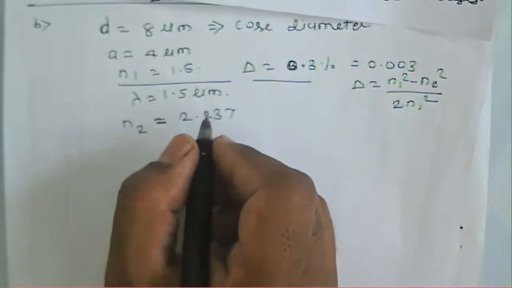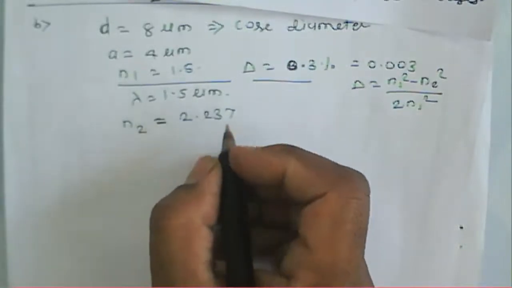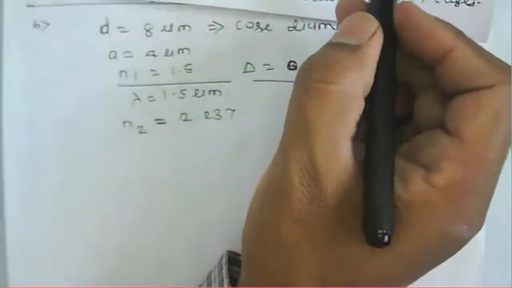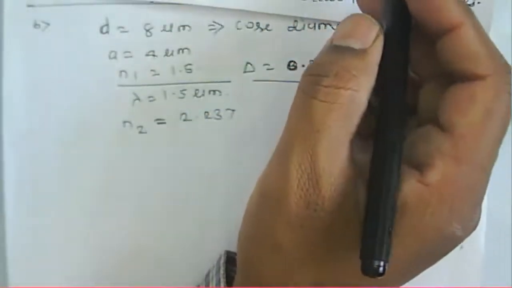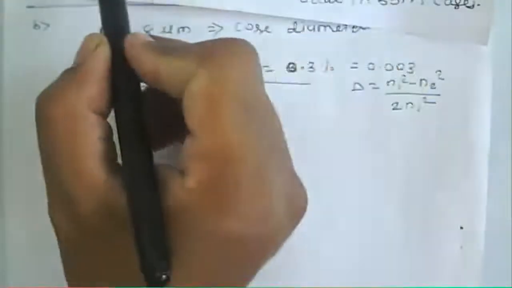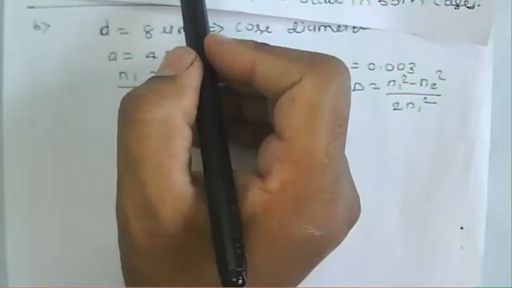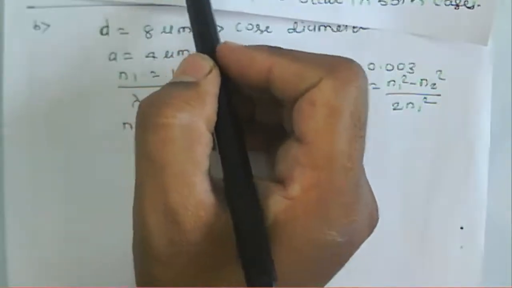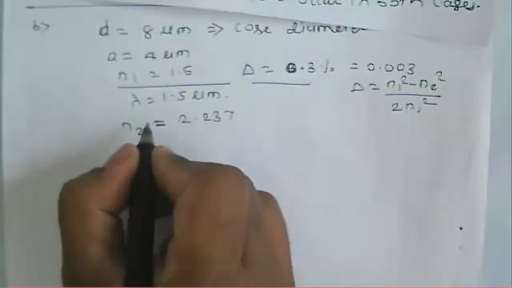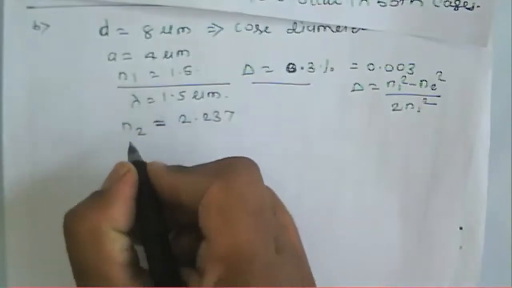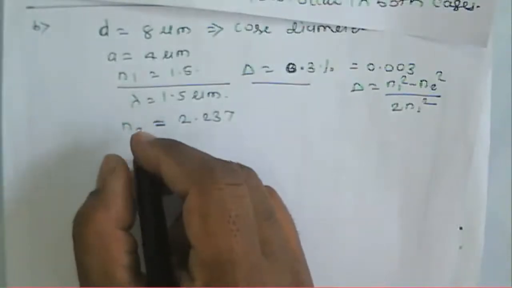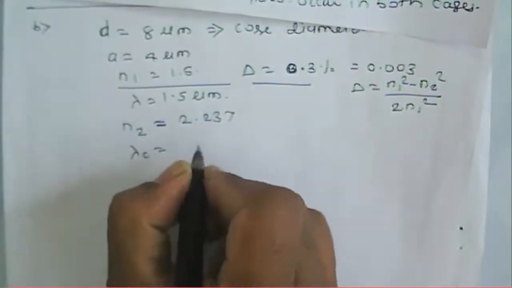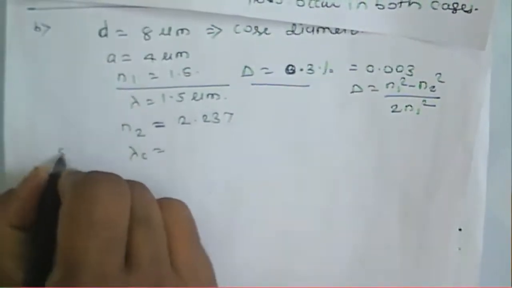Then the fiber is given, that is a single mode fiber with a core refractive index and all the values, and that is operating at a wavelength of 1.5 micrometer. Then we need to calculate what will be the cutoff wavelength for the single mode fiber.